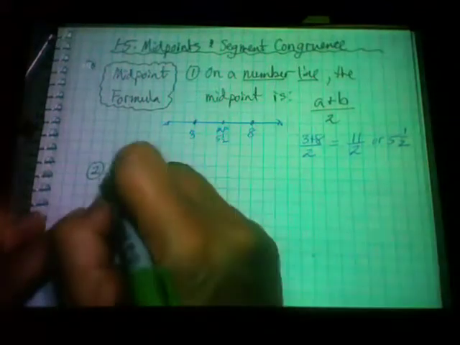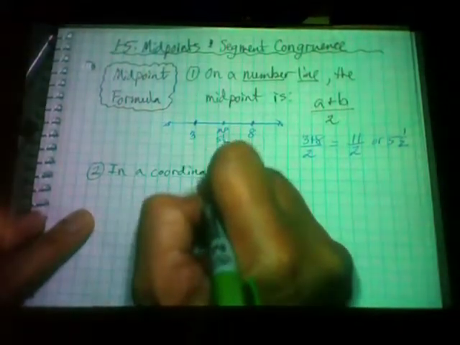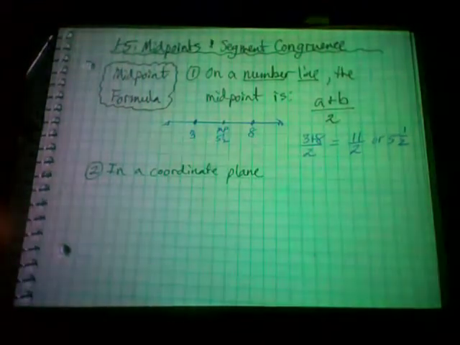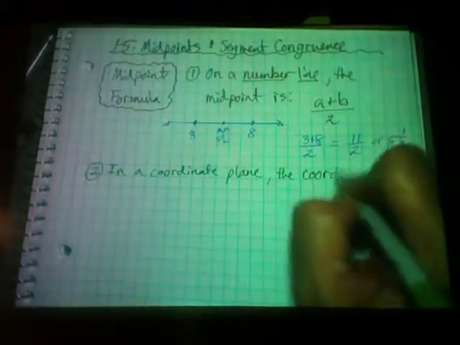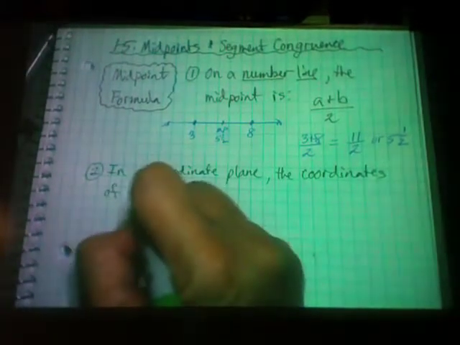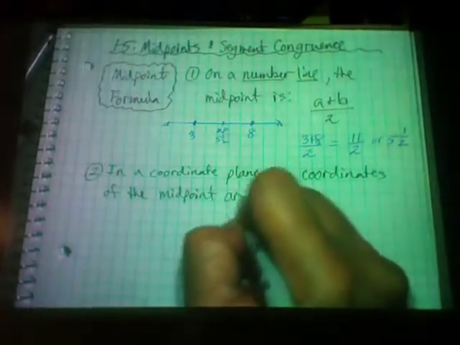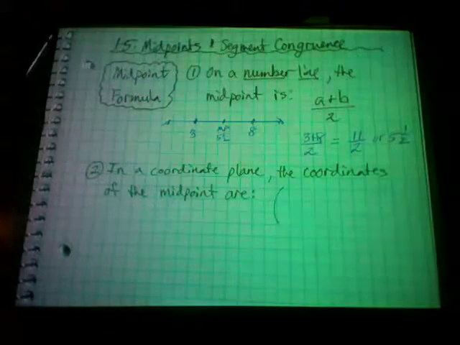In a coordinate plane, the coordinates of the midpoint are very similar to the number line.